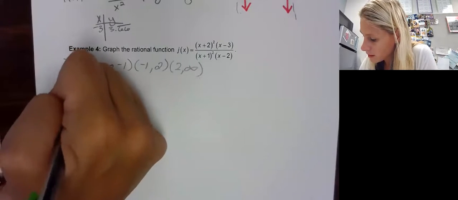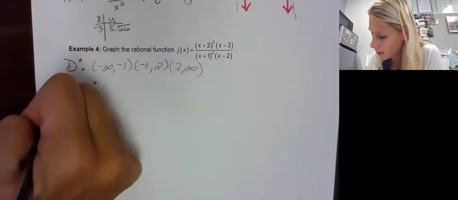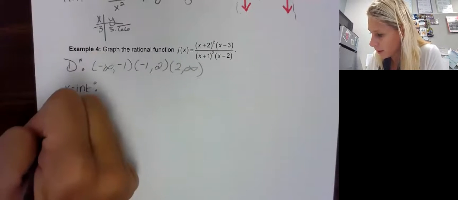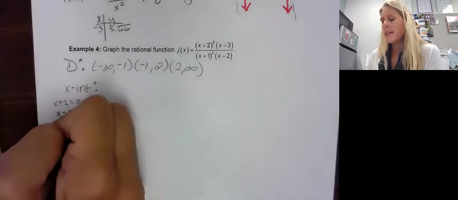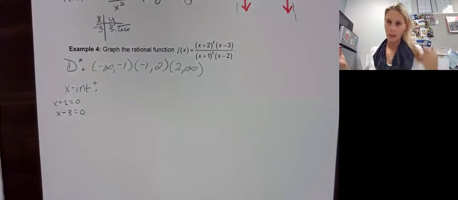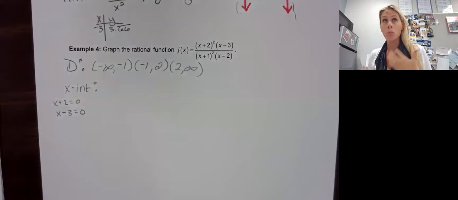X-intercept, remember, is when the numerator, x plus 2 equals 0, and x minus 3 equals 0. Now, could I put x plus 2 squared equals 0? Yes, but how do you get rid of a square? I take the square root. What's the square root of 0? 0.